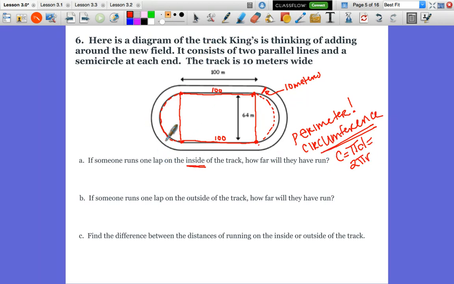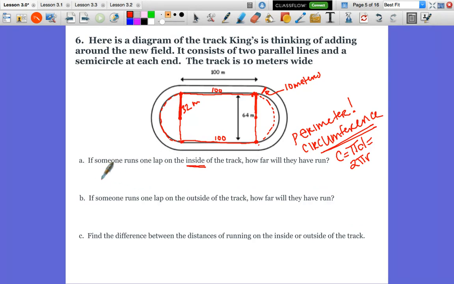Okay, so I can find it and divide it by 2 or not because I need both of them, right? So what is the radius of this circle? Well, if the whole way across is 64, the radius would be 32. I really didn't need that, but that is good for us to know as well, right?